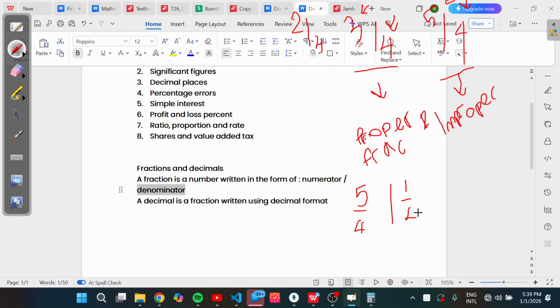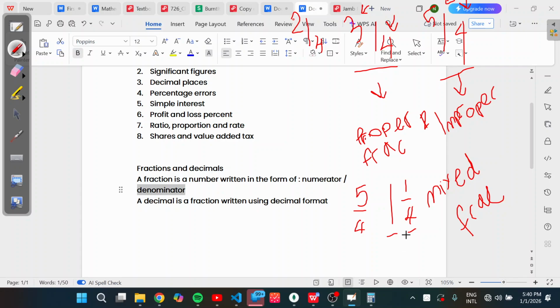And these types of fractions are called mixed fractions. Why is it called a mixed fraction? Because you have a whole number and you have a fraction. The whole number is this one here, and the fraction is this 1 over 4.